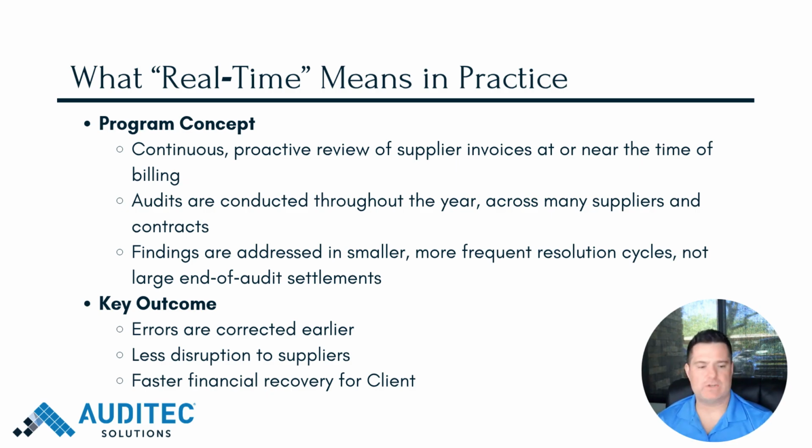Well, with a real-time contract compliance audit, because we're just looking at a month at a time, we're able to resolve smaller chunk issues and get to resolutions much quicker, and more importantly, stop the errors from taking place immediately. The key outcomes are that we have errors that are corrected earlier, we have less disruption to your suppliers, and we have faster recovery for the client.